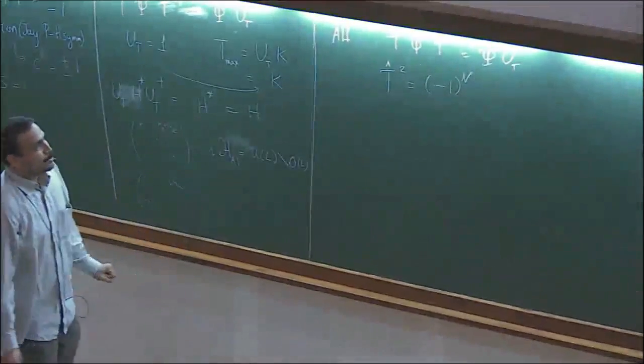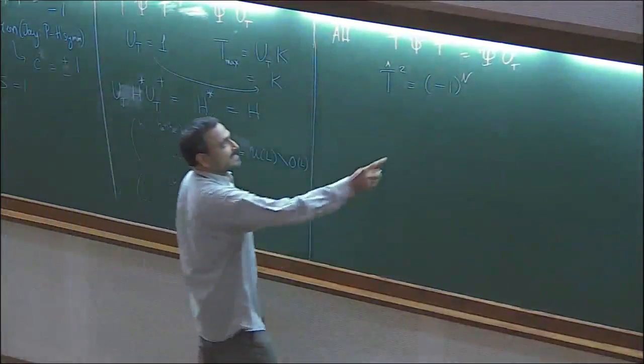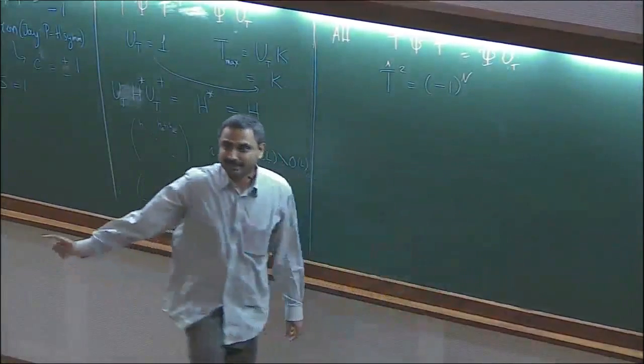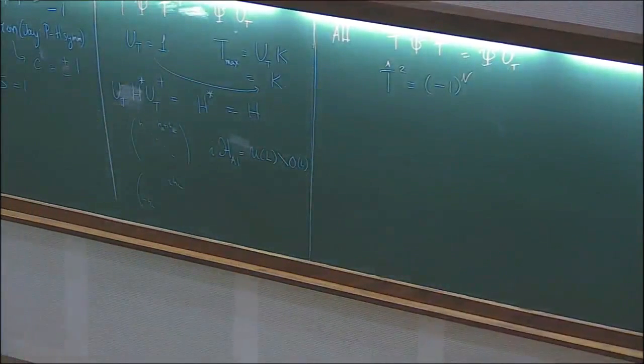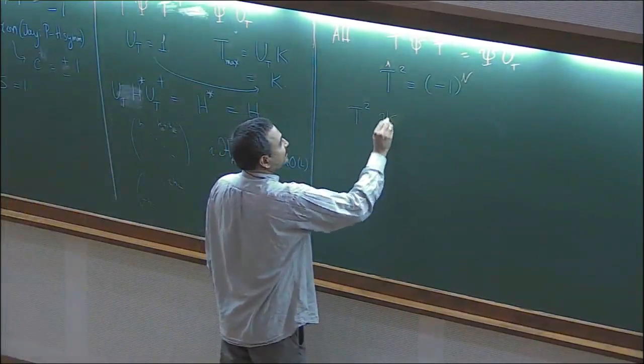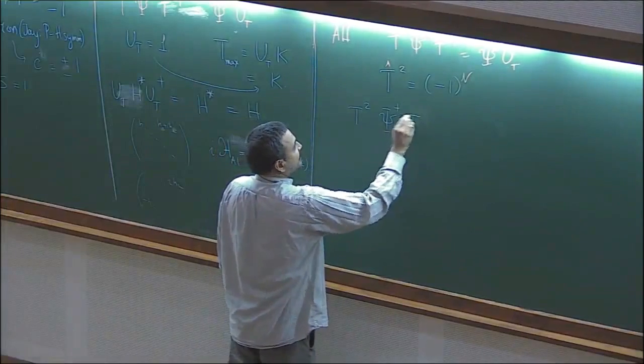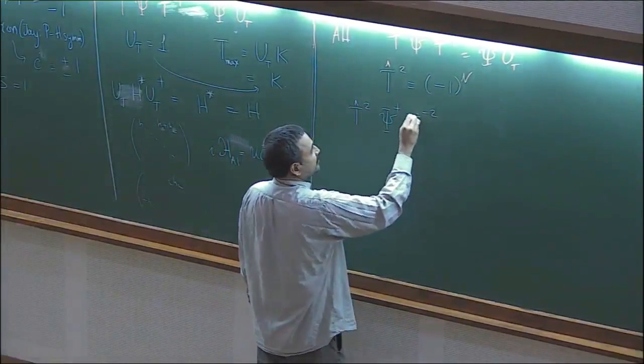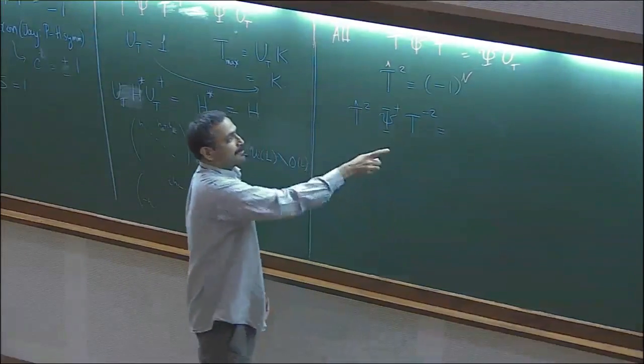Now can you tell me what will be the equation satisfied by U_T? So you have to play the usual game. You have to do T squared ψ† T^-2. And what will happen if I do this?